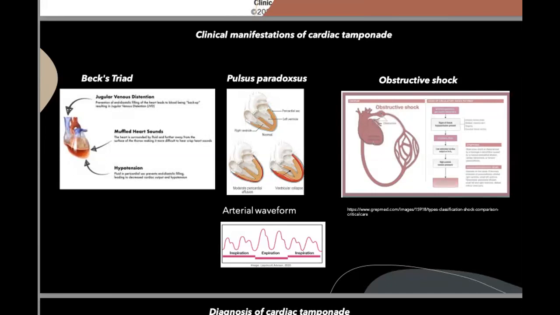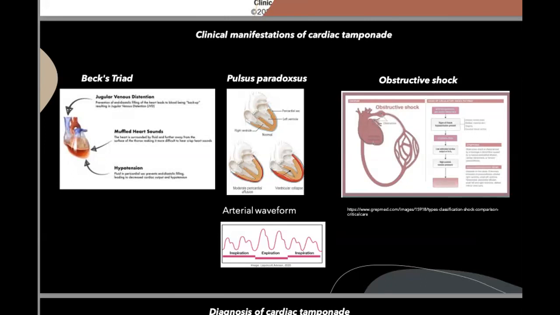But the problem is that when we have pulsus paradoxus during pericardial effusion, it will be very moderate. But if we have a cardiac tamponade, then the ventricular collapse occurs, and the amount of blood that is coming will push our septum towards the left ventricle. And when that is pushed towards the left ventricle, then obviously we have less end-diastolic filling.